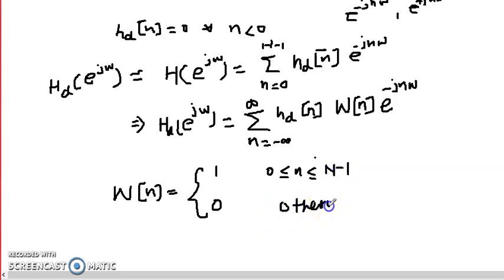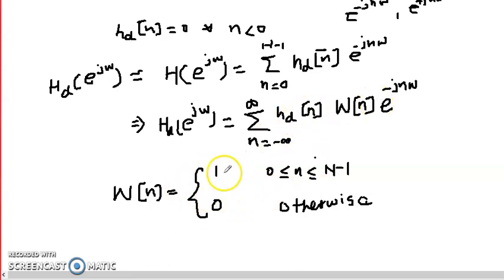Okay. So we can approximate the impulse response of the filter by using this expression, where this expression approximates hd(n). hd(n) is the impulse response of the digital filter, multiplied by a window function w(n), which has this kind of behavior.